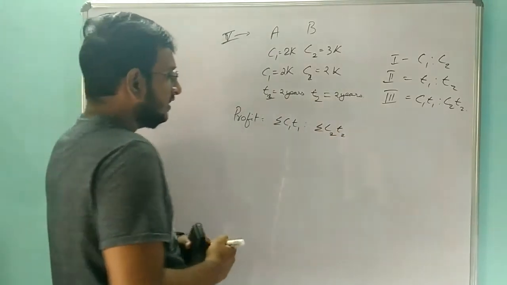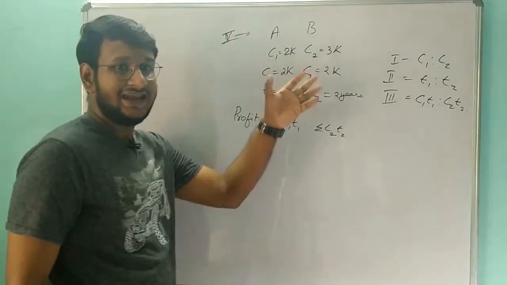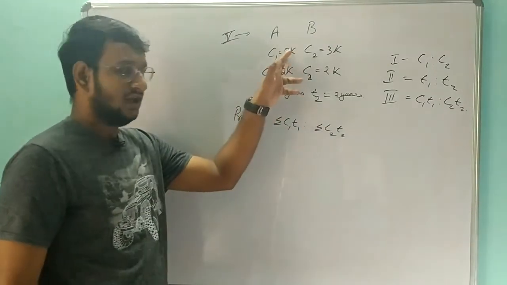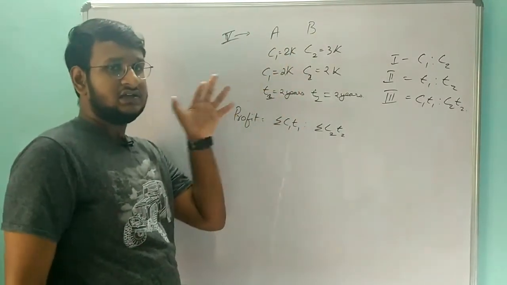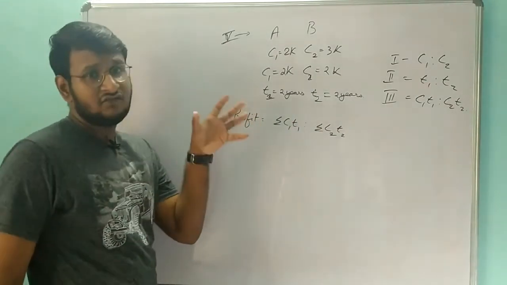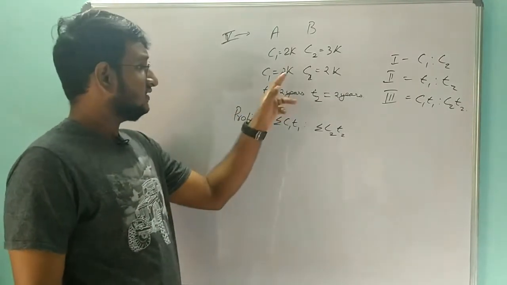What this means is that we need to add the investment again and again for the remaining years. Okay, so we need to add that amount. For example, at the end of the first year, he will have an investment of only 2k. But in the third year, after completing 2 years, he is investing 4k.